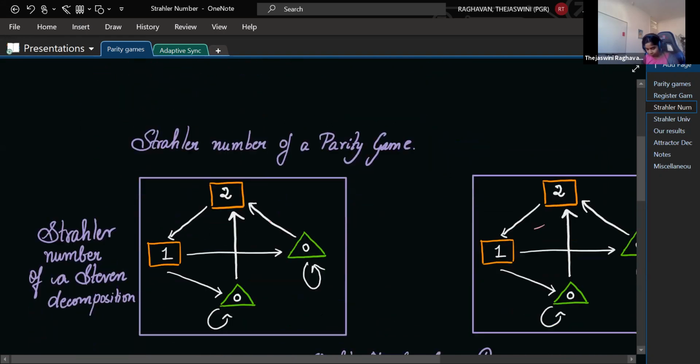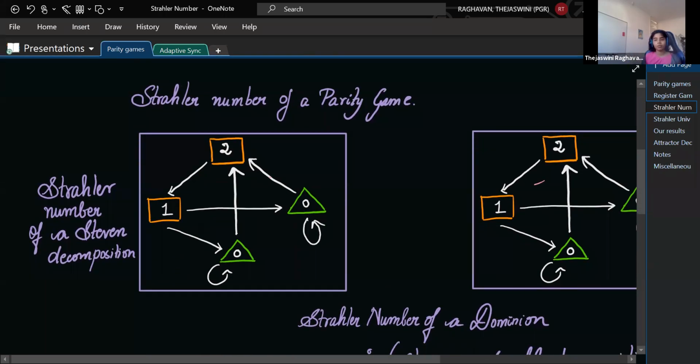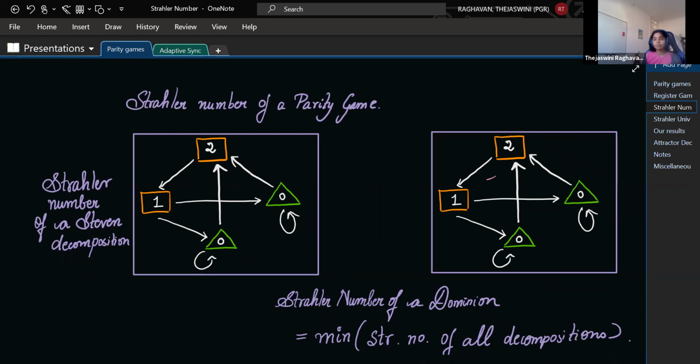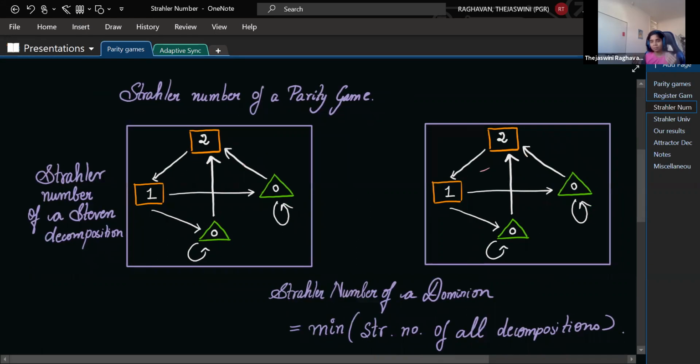Now we go on to talking about the Strahler number of a parity game, which was half the title of the talk, if not more. It is, as you would imagine, the Strahler number of the tree of attractor decomposition, well, with asterisks, because there is some min and max, because a decomposition need not be unique.